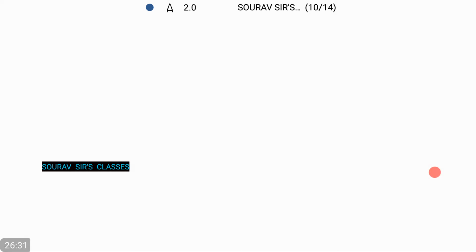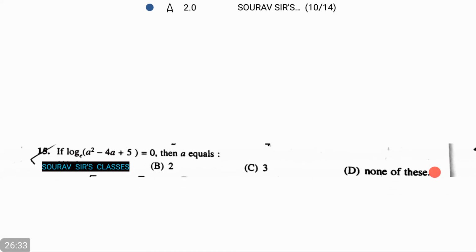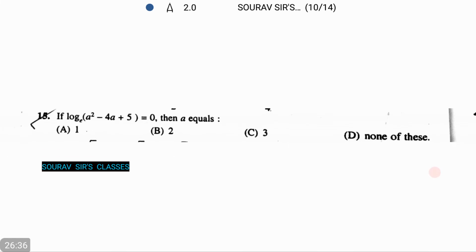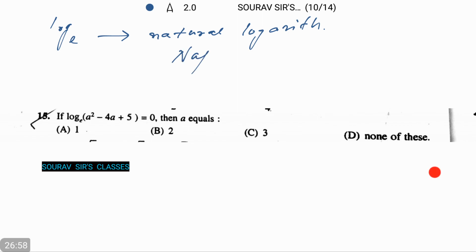And right, let me drag this down, and we have log to the base e. Now remember, log to the base e is also called a natural logarithm. It is also called a Napierian logarithm.